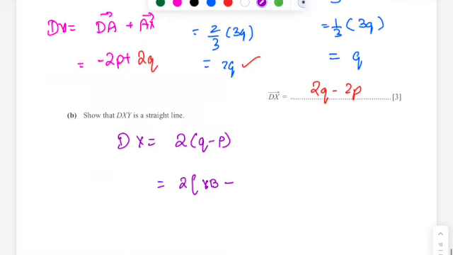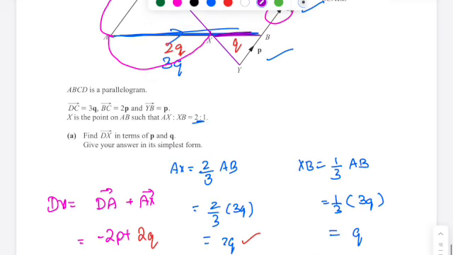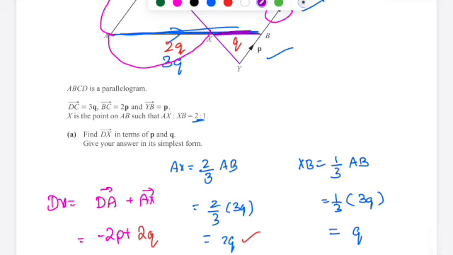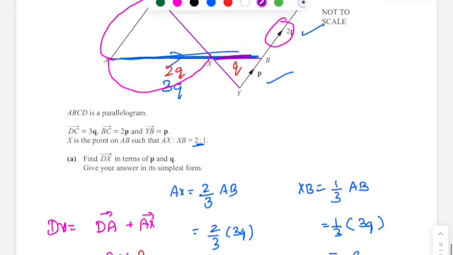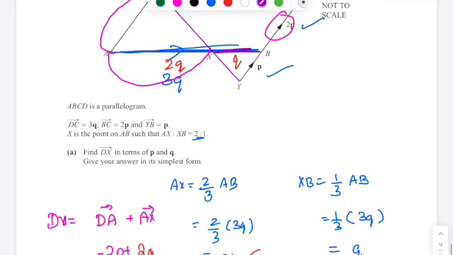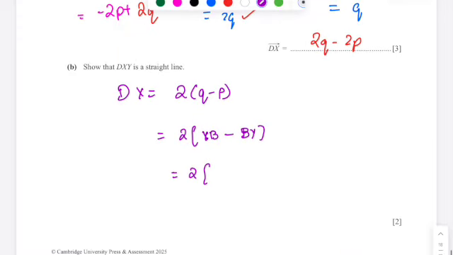P is nothing but what? BY. So 2 times XB minus BY. XB minus, I'm going to do it as BY, minus p will be BY plus BY.